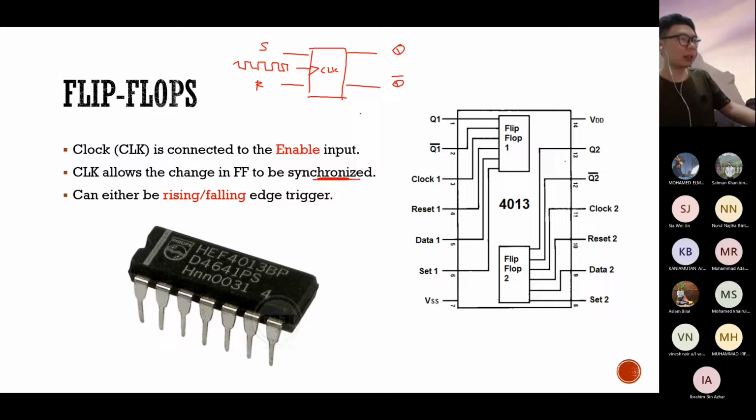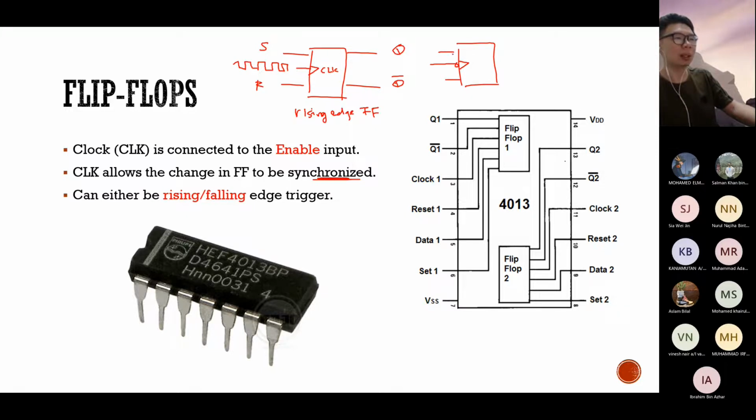One thing that I'd like to highlight: if you see in the schematic diagram, this clock over here is drawn like this. This is a rising edge flip-flop. The rising edge means the trigger is on the rising edge, when the signal goes from 0 to 1. If it's a falling edge flip-flop, the clock will have this kind of drawing, so it has a bubble over here.